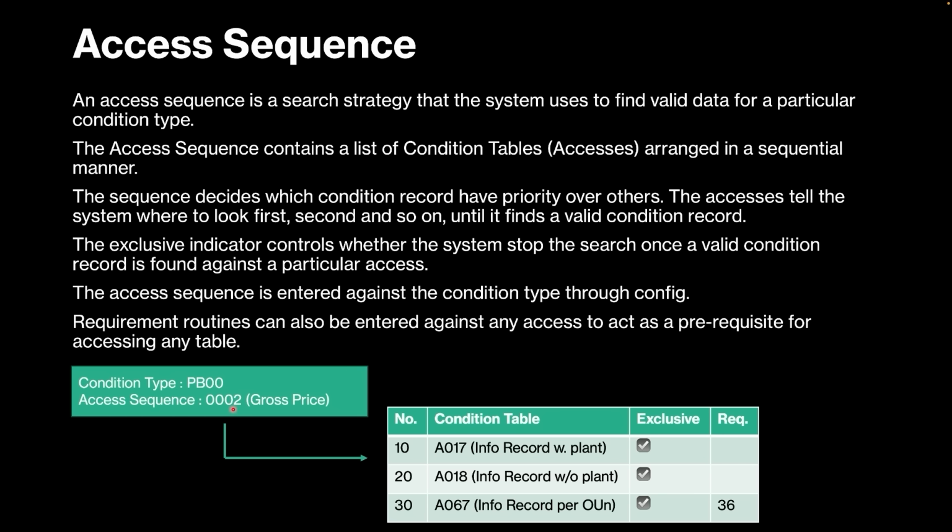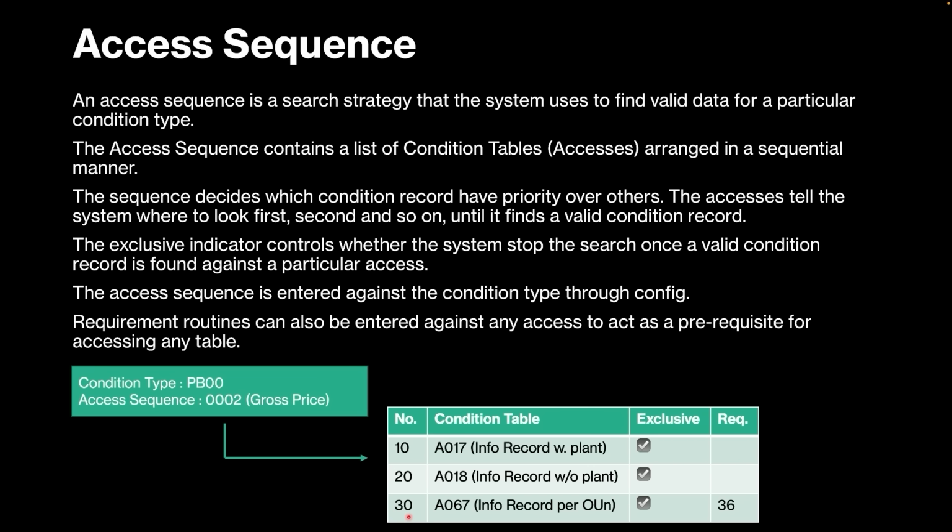Now this access sequence will contain multiple tables arranged in a sequence. I have only mentioned 3 tables here, but in the standard system it contains multiple tables in a particular sequence, and you have an exclusive indicator checkbox and a requirement routine. Now you will be maintaining condition records against any of these condition tables.